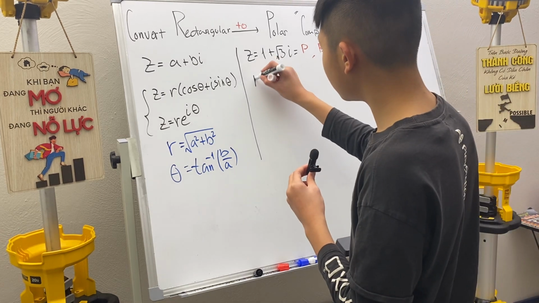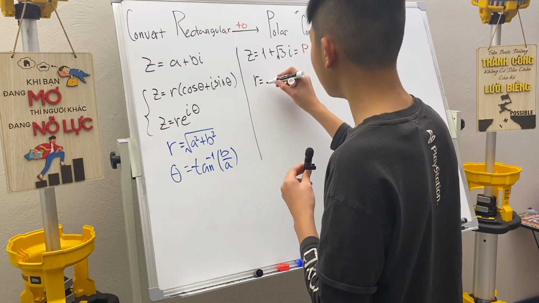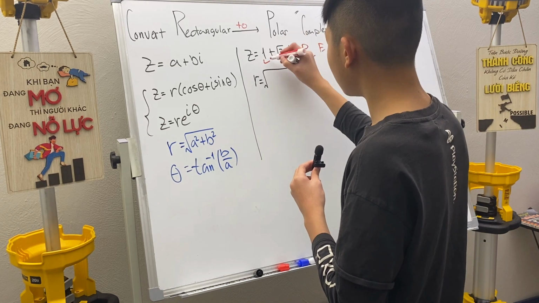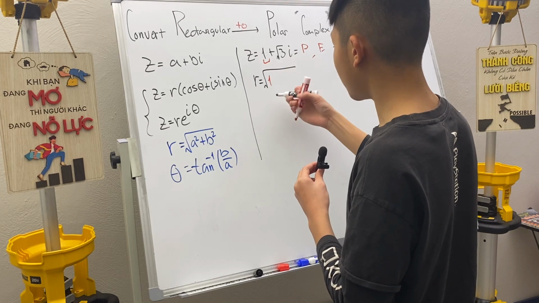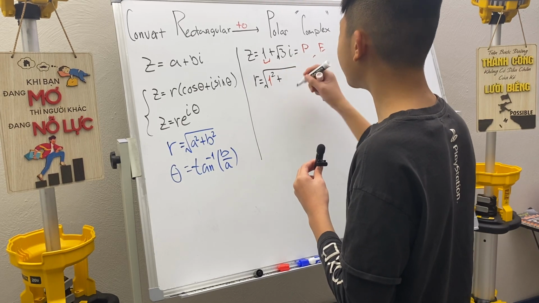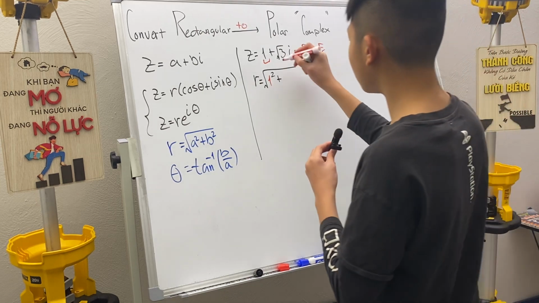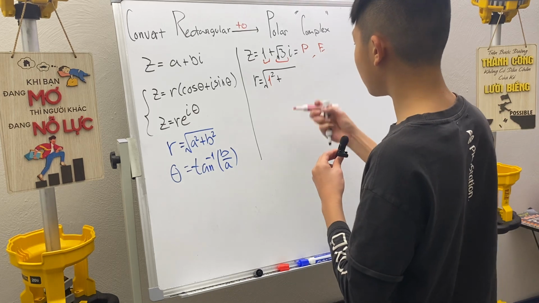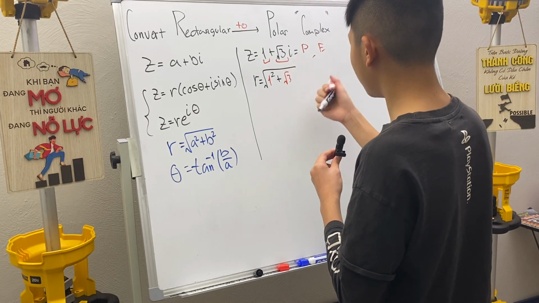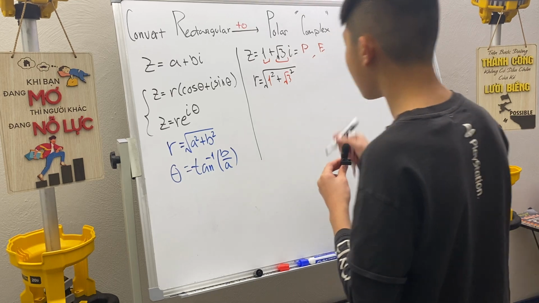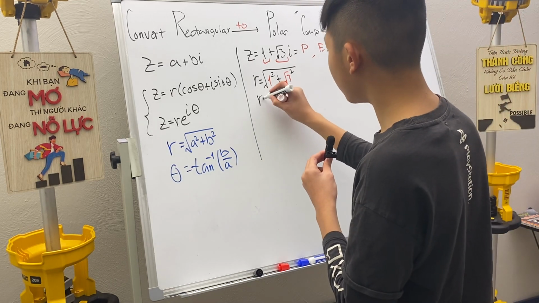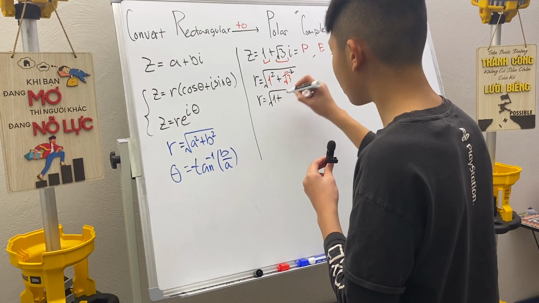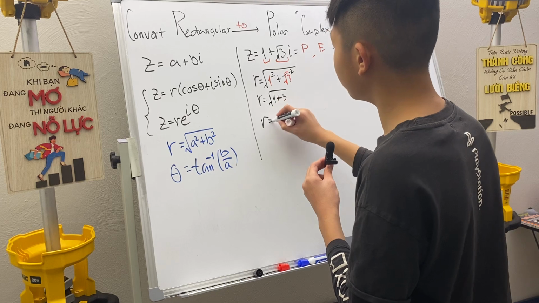The radius is equal to the square root of 1 squared plus square root of 3 squared. These are all positive, so technically you don't need parentheses here. So r equals the square root of 1 plus 3, which is 2.